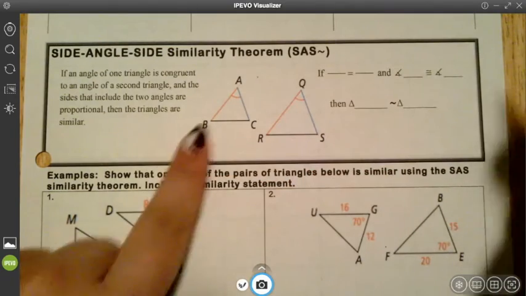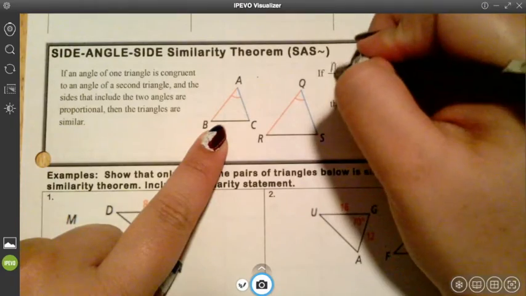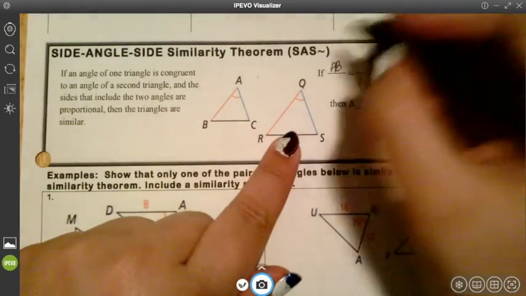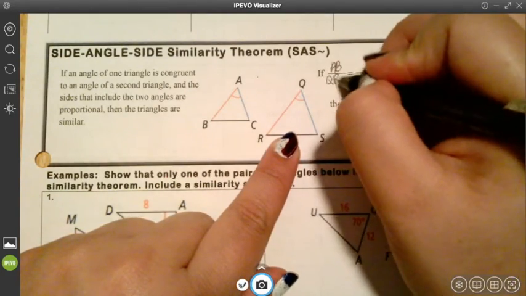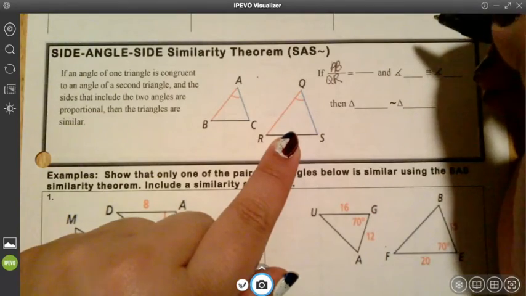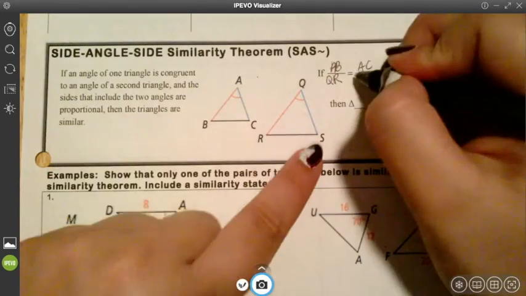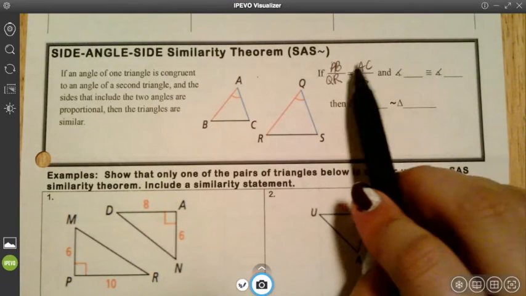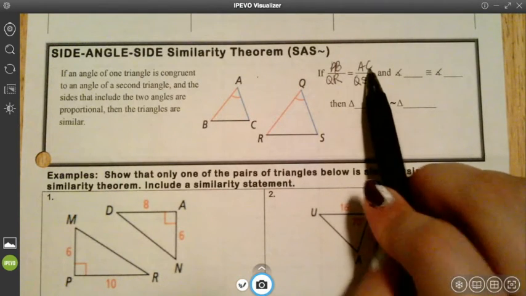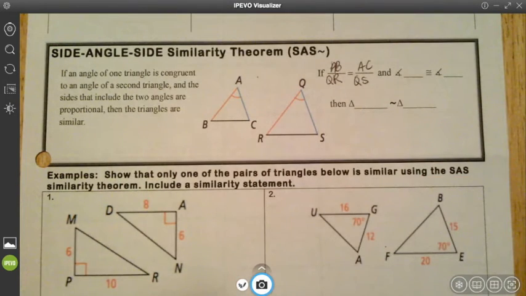Okay, so if we're looking here, we have the red side, that's AB, has to be proportional with QR at the same ratio as AC to QS. And notice again, my numerators came from the same triangle, my denominators came from the same triangle.